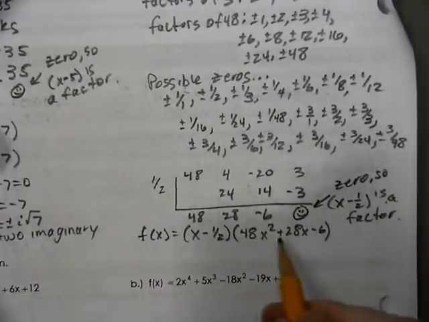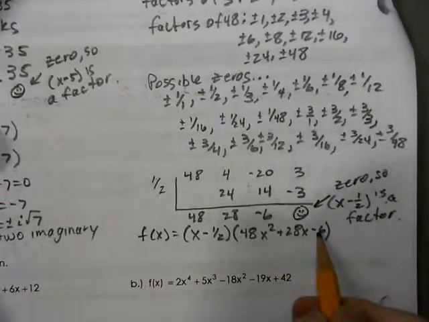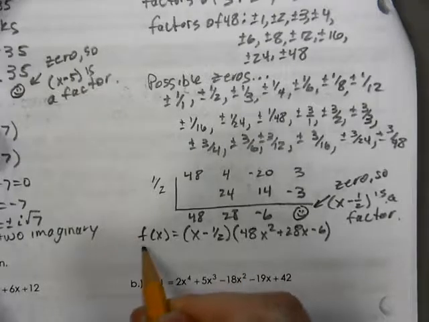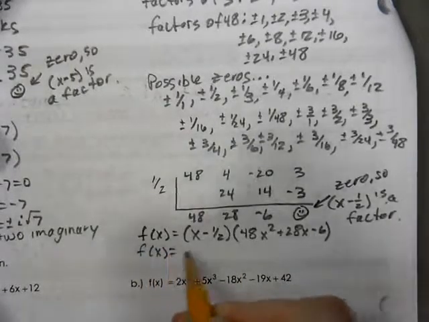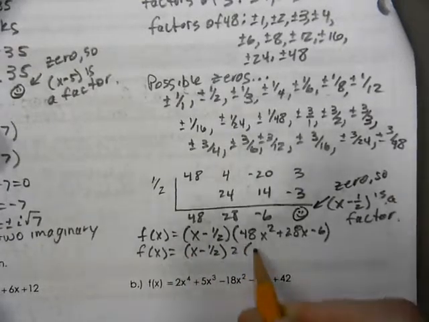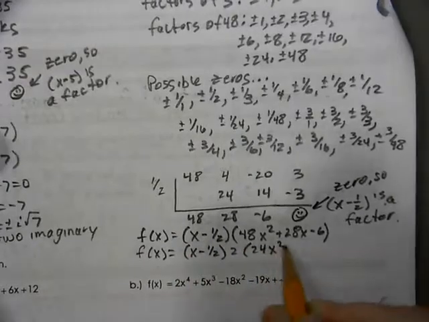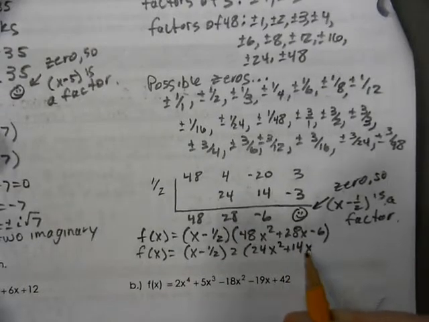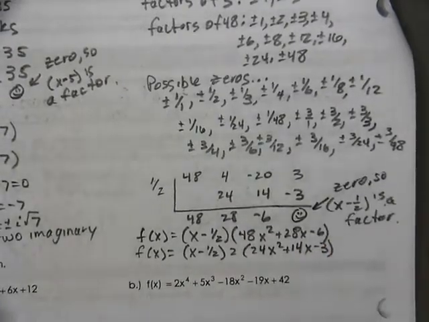From that mess, I know that I can pull out at least a 2. To get down to 24x squared plus 14x minus 3.